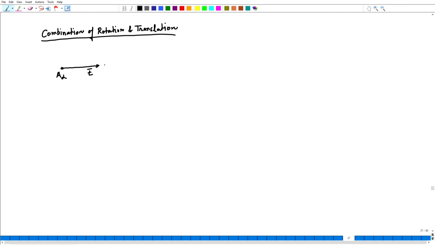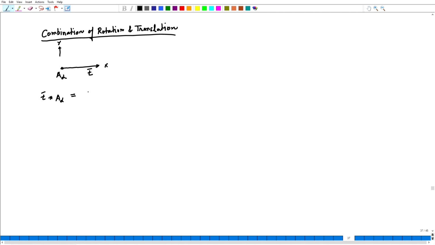Let me say this is my x and y. What I am looking at is: I first rotate, follow this up with a translation, and what is the resulting operation? Now, we will first do this using matrices.